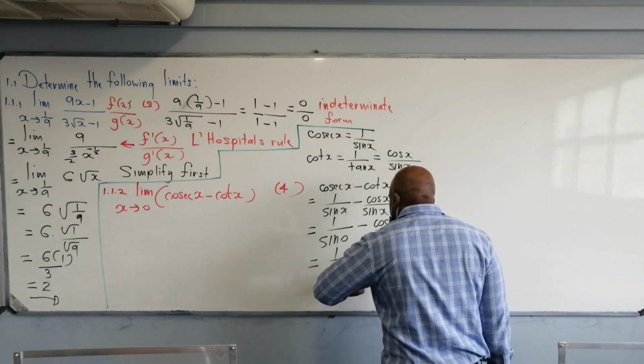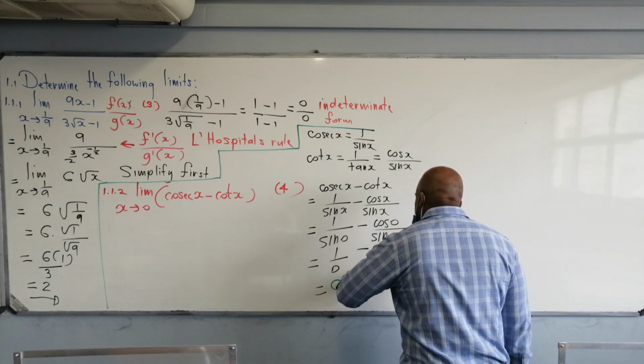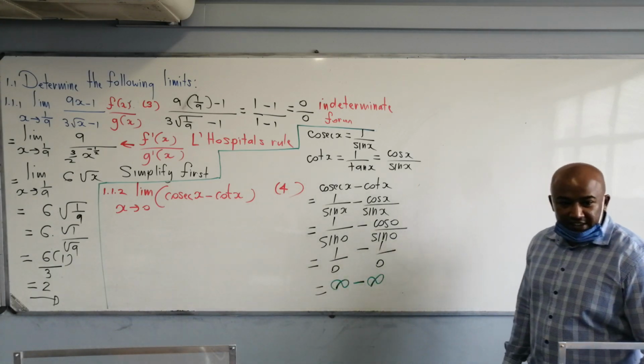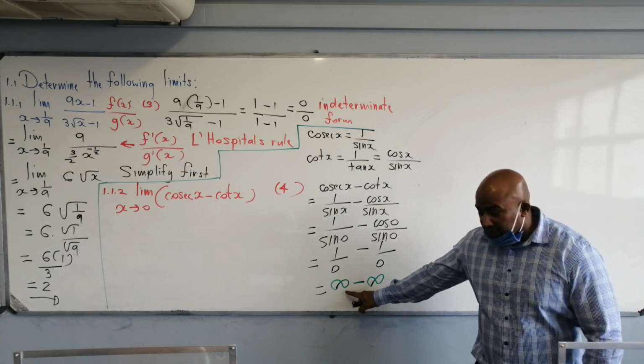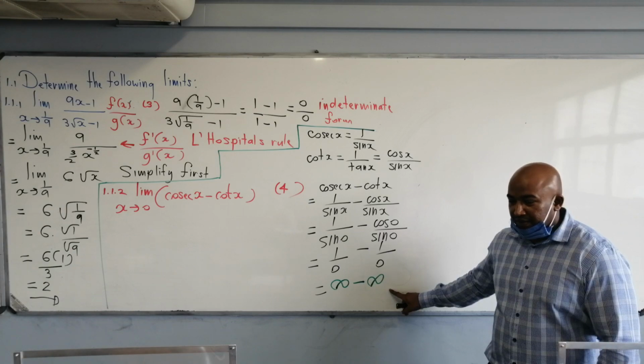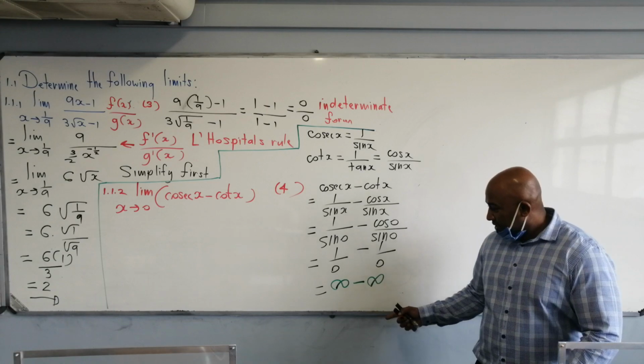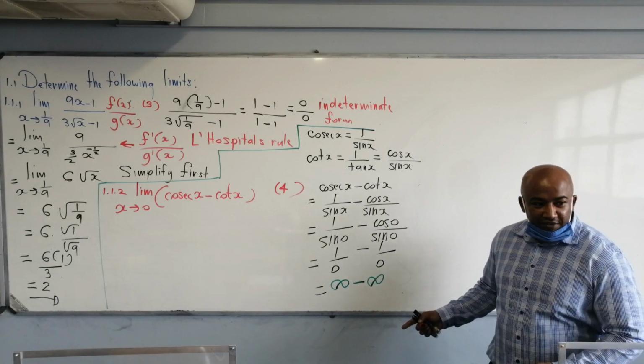Minus 1 over 0 again, infinity. So this is the symbol for infinity, minus infinity. Infinity is a very, very large number, which we don't know the value of.